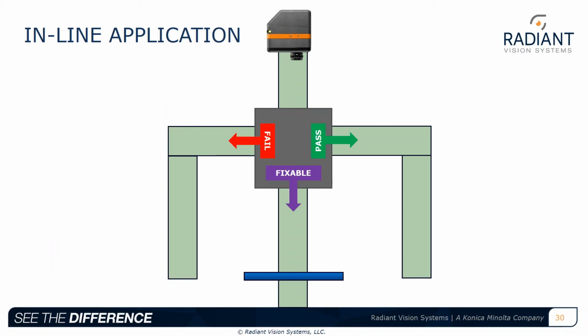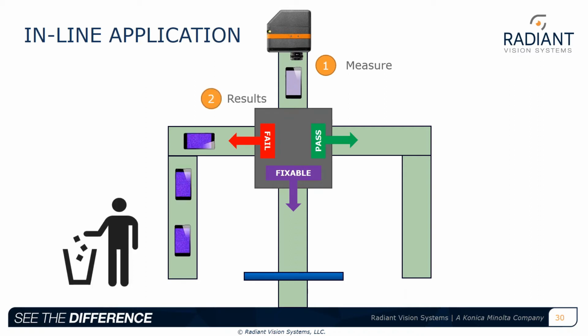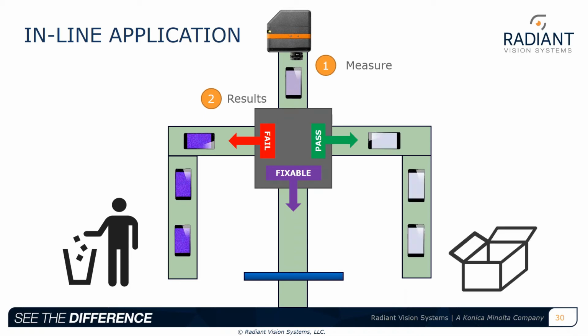The following is a schematic of an inline inspection system. Traditionally, we'd be responsible for two fates of the display, a pass and a fail result, based on an initial measurement. Based on those results, the failing displays will have to be scrapped, while the passing displays are okay to ship right away.